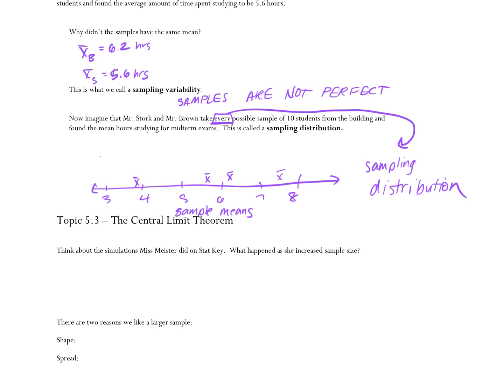So as we think through what just happened, as n increased, the standard deviation of those X bars decreased. And why is that good?